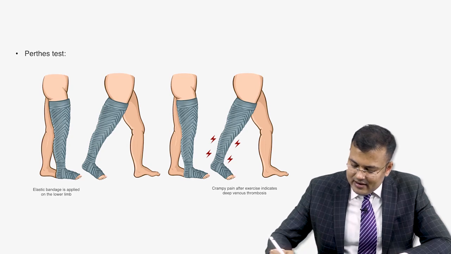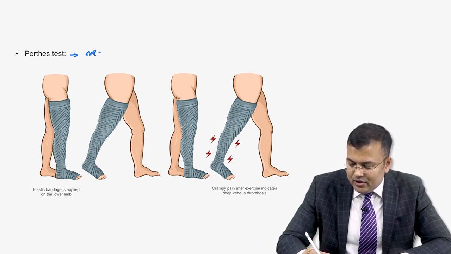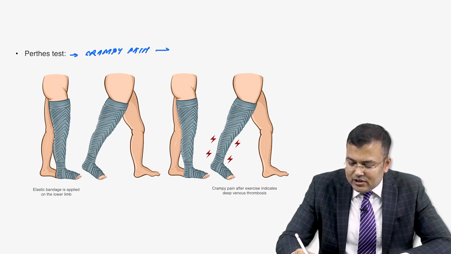If the patient is having crampy pain, why is there crampy pain? Because of this elastic compression, the superficial vein is already obstructed, and if the deep vein is obstructed because of DVT, the patient will have crampy pain. So if the patient has crampy pain after work or exercise, it is because of DVT.